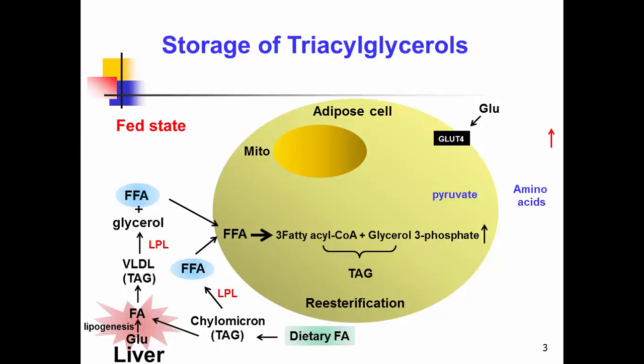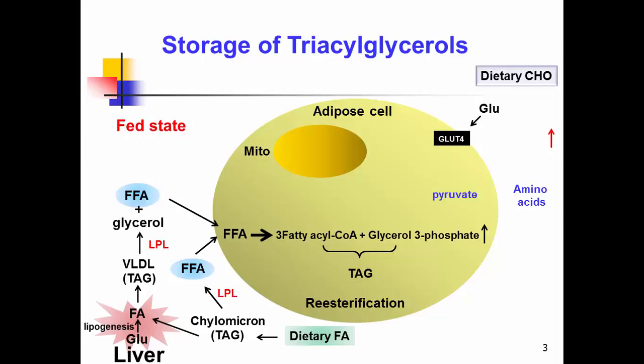So similar process: triglyceride, either in VLDL or in the chylomicron, eventually needs to be broken down to fatty acids that can be taken up by fat cells. So this is the whole process.